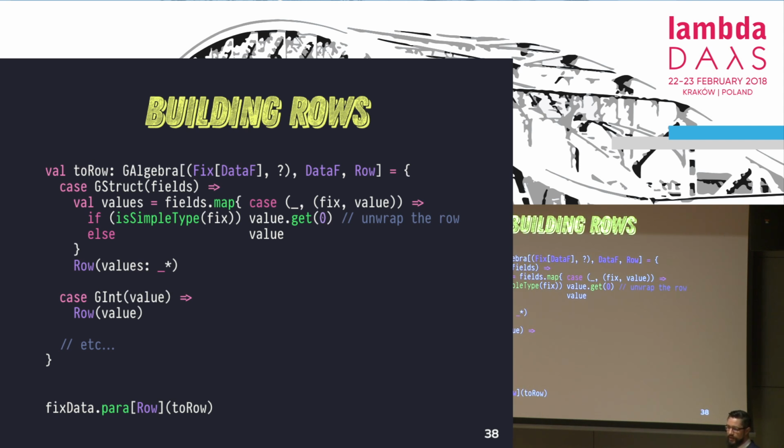In that case, we had wrapped it in a row, but we shouldn't have. So we just need to unwrap it and build a bigger row out of these fields. And if not, we just use that to build a new row. Okay? And for simple types, we just wrap them, and they will be unwrapped one level above.